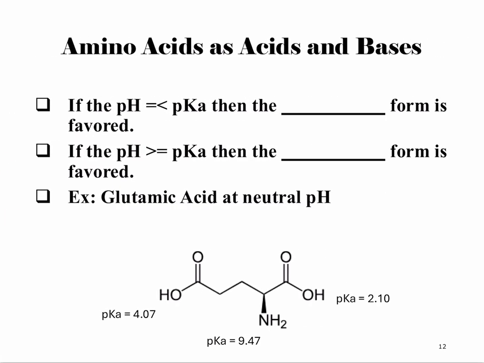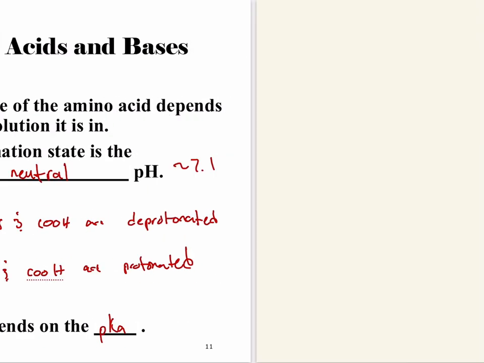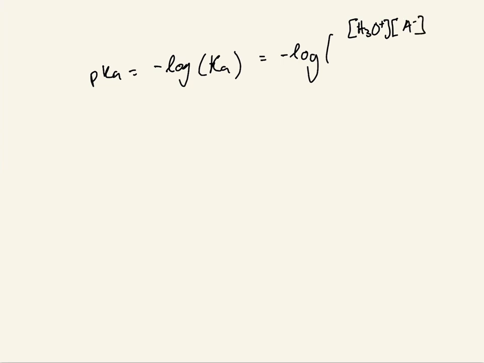So if we remember, the pKa is equal to minus the logarithm of the acid constant, which is equal to minus the logarithm of the ratio of the H3O plus concentration times the deprotonated form of whatever our acid is over the concentration of our protonated acid.